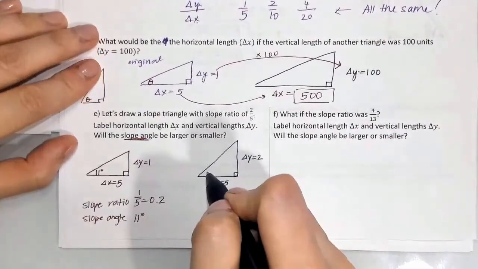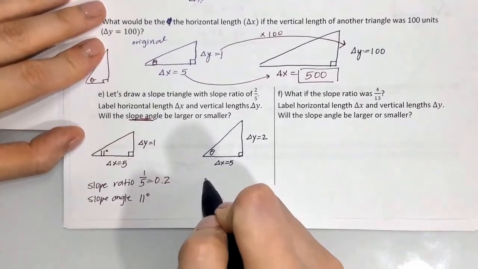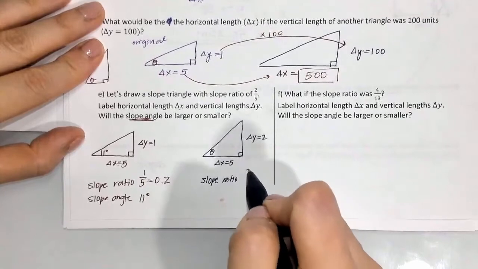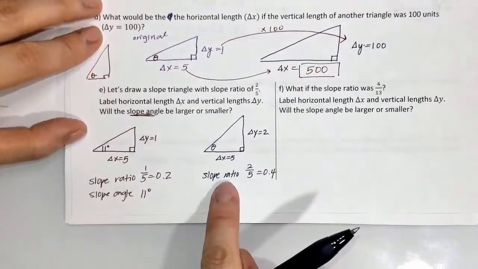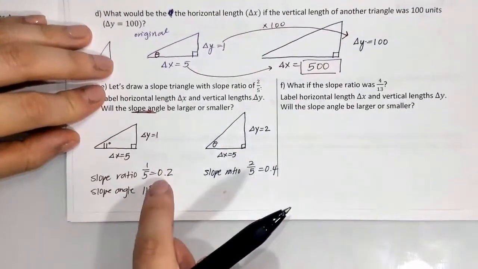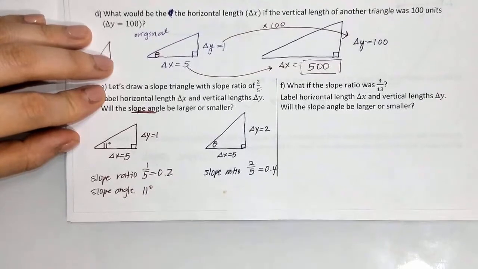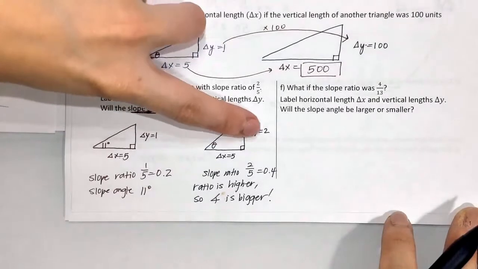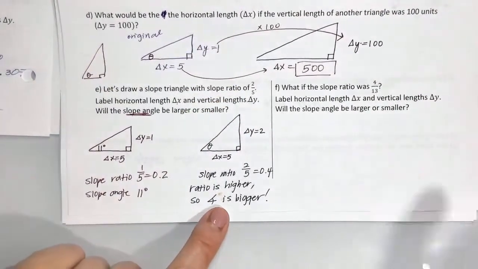So now the slope ratio is 2/5, which is 0.4 as a decimal, and in that case, if the ratio is bigger, then the slope angle will also be bigger. Okay, so the ratio is bigger or higher, so then the slope angle will also be bigger.